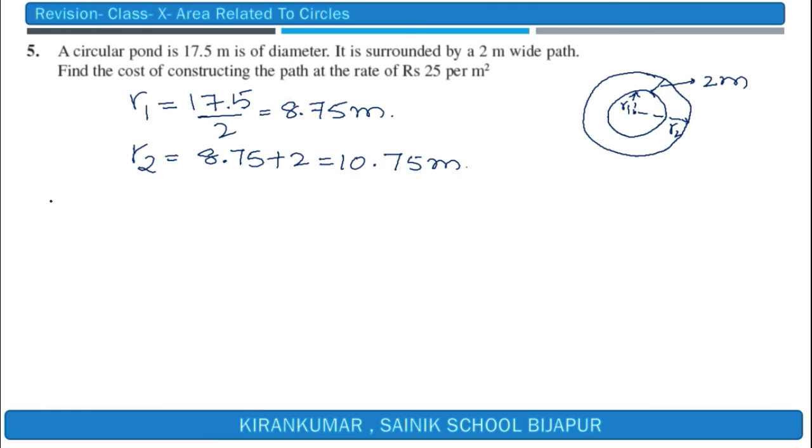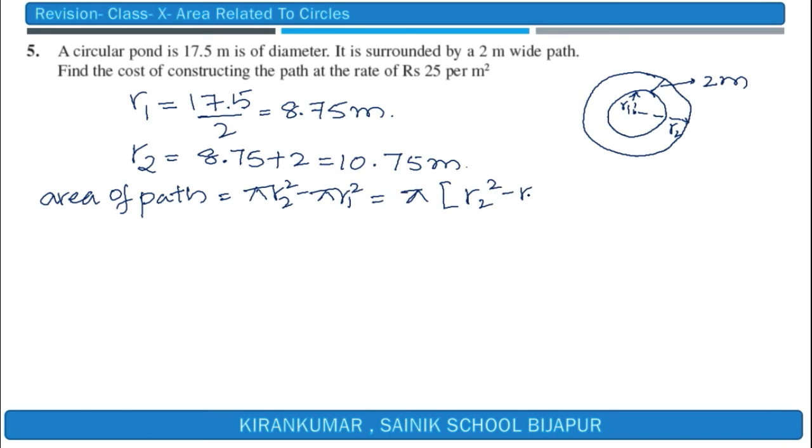Area of the path will be equal to pi r2 square minus pi r1 square. Here pi is common, this will be r2 square minus r1 square. Now if I want to find the cost, I need to multiply this particular thing with rupees 25.